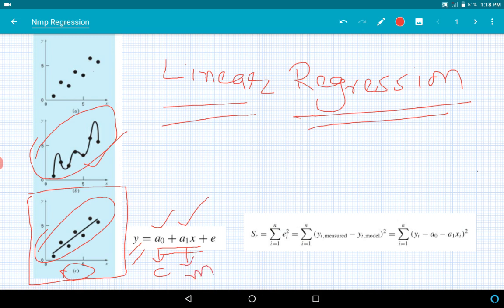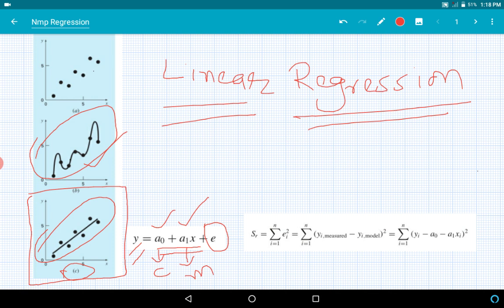But in reality, since this is a prediction, there will be some error. You see the line is not passing through any of the points, so we cannot say that the line represents the points exactly. There will always be some error involved. This error is given by plus E. So this is the equation of a straight line for a linear regression.